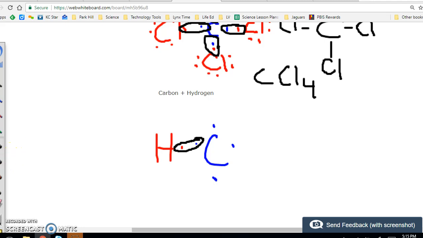So we need to continue to add hydrogens until the carbon has everything that it needs. So each of these hydrogens has 2, so they are full, and the carbon has 1, 2, 3, 4, 5, 6, 7, 8.